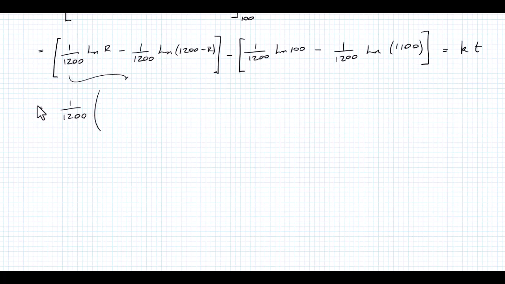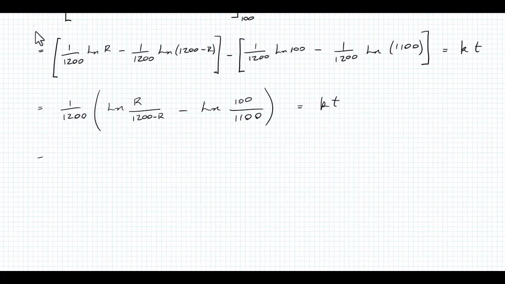And if we look at this here, we're just left with log R minus log 1200 minus R. So that's just going to be log R divided by 1200 minus R. Now over here, factorize out the 1 over 1200 as well, and you're left with a minus. Also, you've got log 100 over 1100, and that's equal to kt.